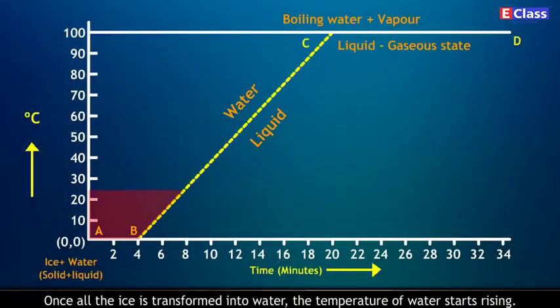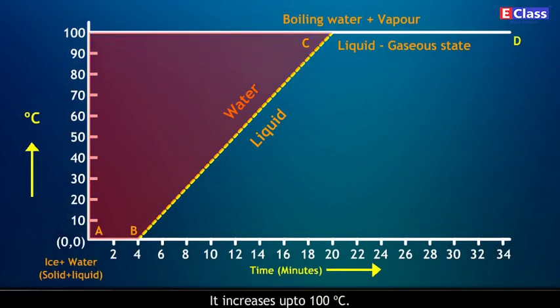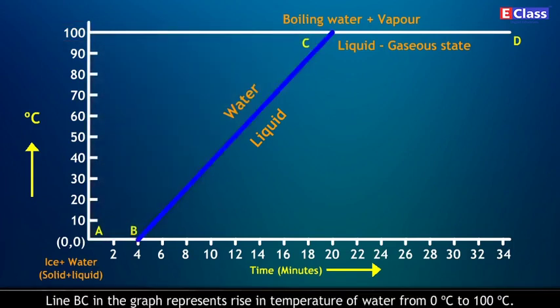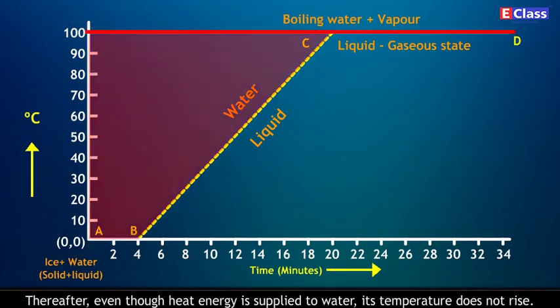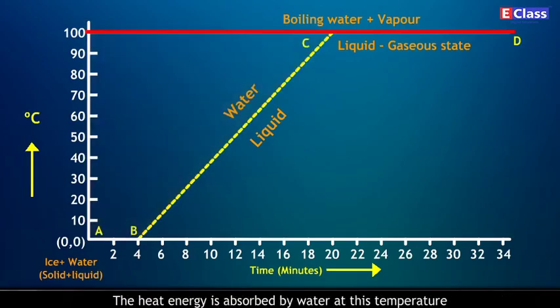Once all the ice is transformed into water, the temperature of water starts rising. It increases up to 100 degrees centigrade. Line BC in the graph represents rise in temperature of water from 0 degrees centigrade to 100 degrees centigrade. Thereafter, even though heat energy is supplied to water, its temperature does not rise.